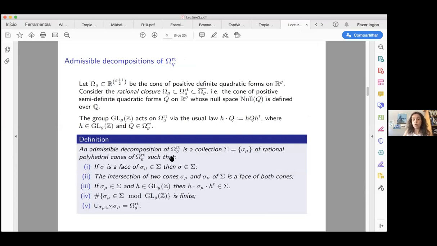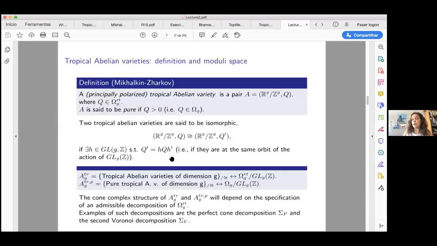This is used also to define the toroidal compactifications of A_g, and we'll use it as well to define tropical abelian varieties. So this is the original definition of tropical abelian varieties due to Mikhalkin and Zharkov.